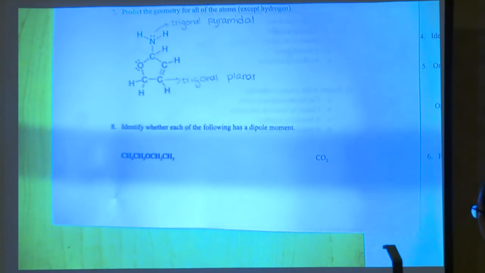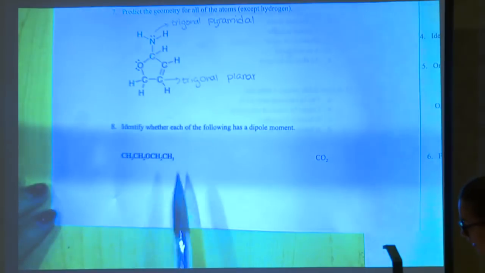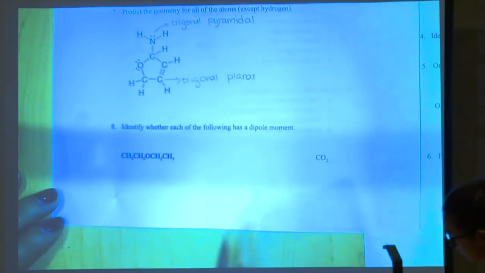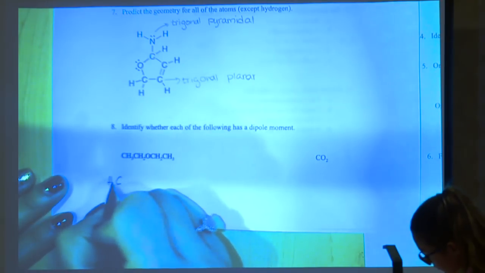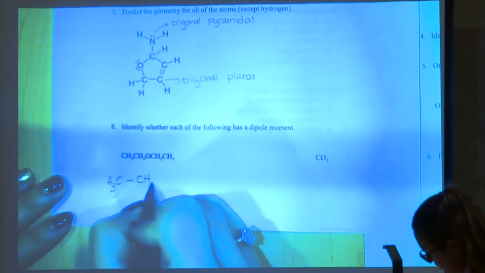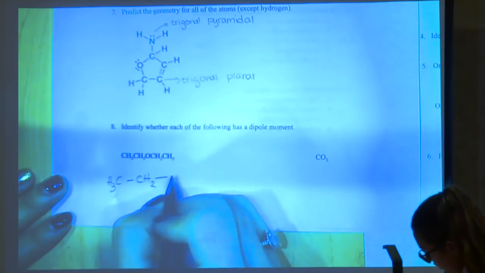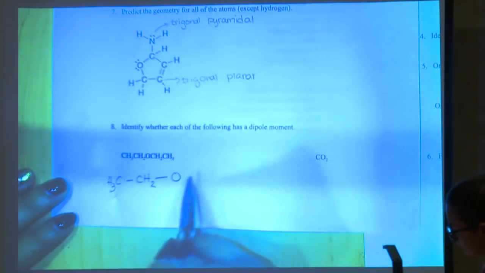So for this first one, what do you think is the best way to figure out whether something has a dipole moment or not? Try it out. Good. And what'd you say? Okay, so yeah, we have an electronegative atom here with our oxygen. But then we want to see, so we have a CH3, CH2, and an O, right?